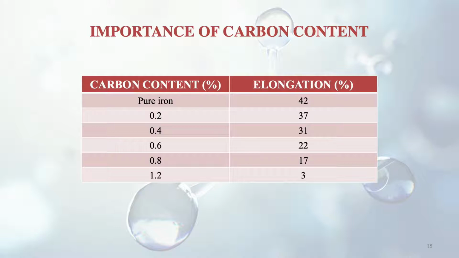Then 0.2% of carbon, elongation reduces to 37%, then 0.4 it goes down to 31%, 0.6 it goes down to 22%, further 0.8% of carbon it goes down to 17% elongation, and finally 1.2% carbon content gives us only 3% elongation. And 1.2% is the maximum limit, because after that it is no more steel, it is cast iron.